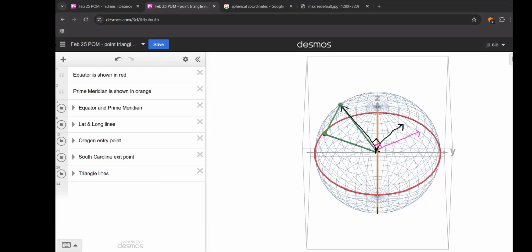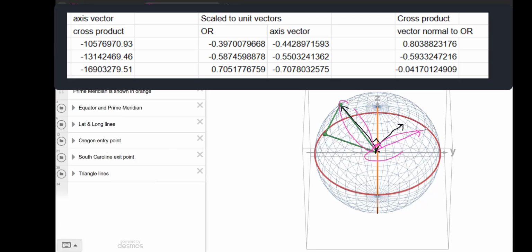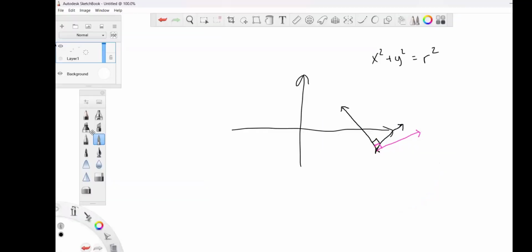So just like I did to find that one that was perpendicular, I took a cross product of these two vectors to get my other perpendicular vector. Once I have the two vectors that are perpendicular to each other, the coordinates actually work just the same.